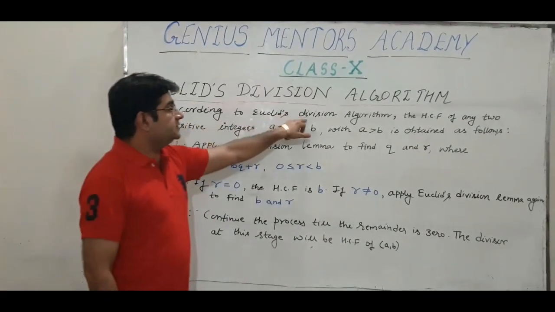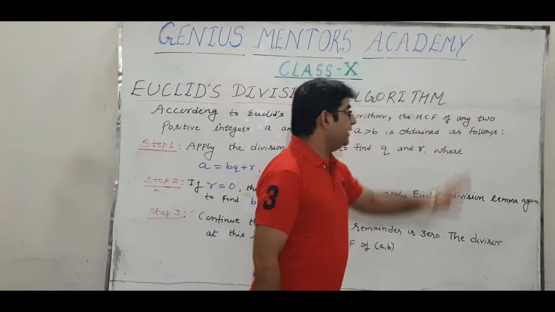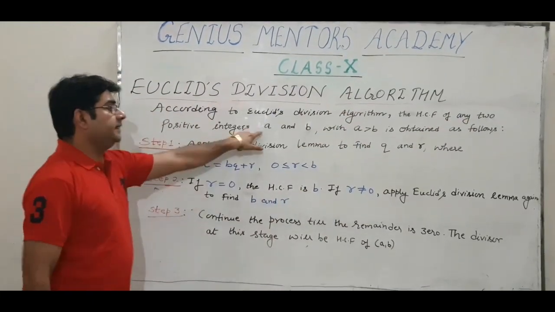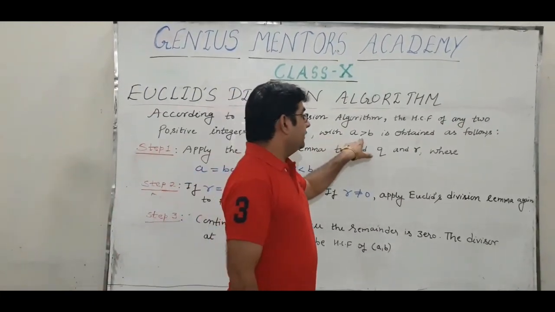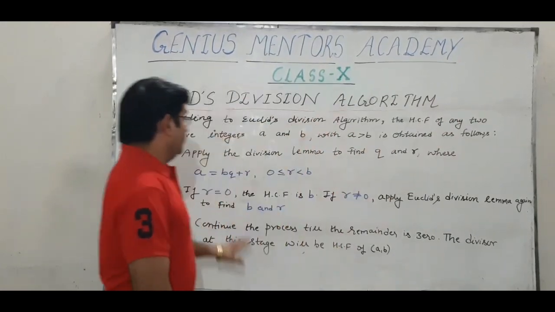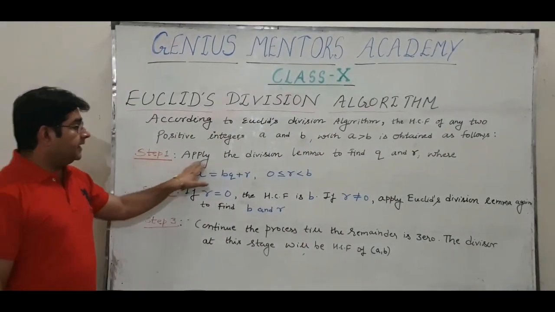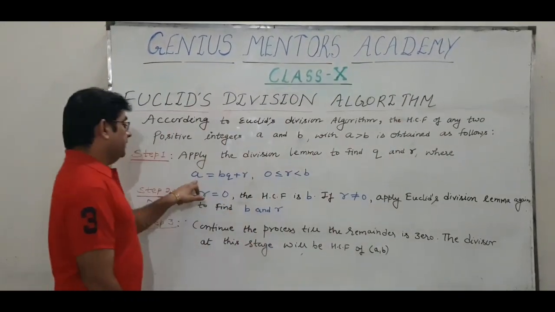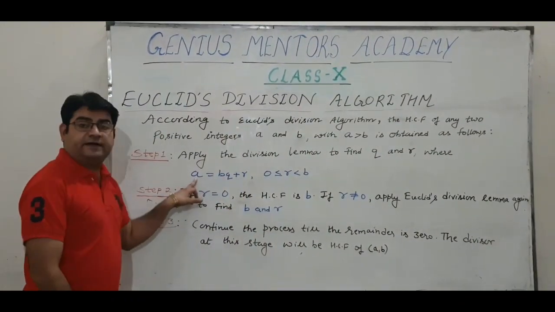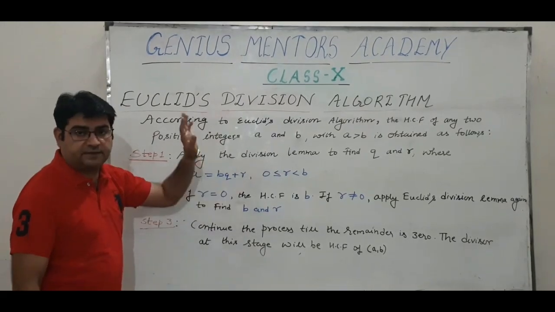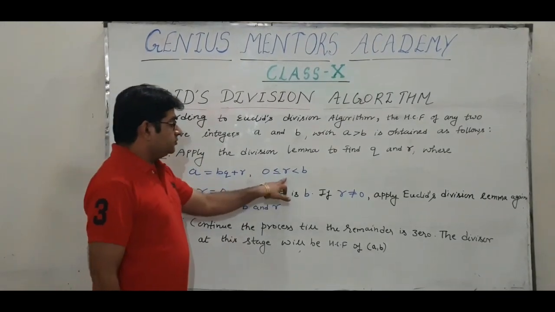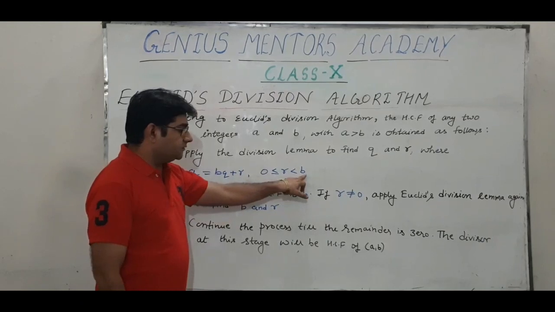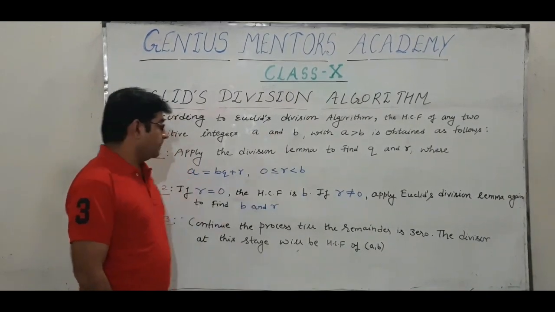According to Euclid's division algorithm, the HCF of any two positive integers a and b with a greater than b is obtained as follows. Step 1, apply the division lemma to find q and r where a equals bq plus r. a is dividend, b is divisor, q is quotient, r is remainder, you know very well. r should be greater than or equal to 0 and less than b.